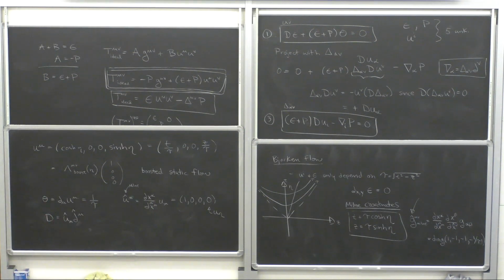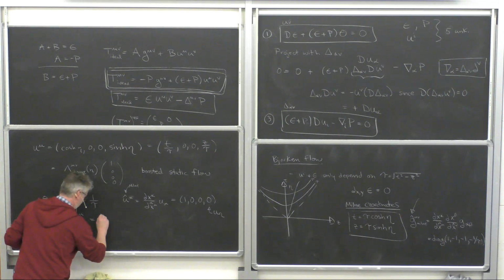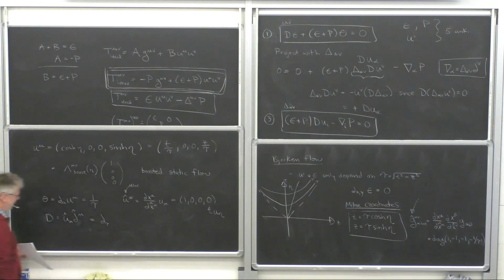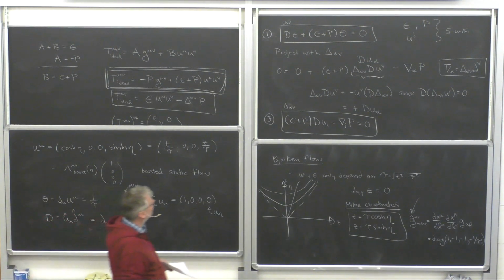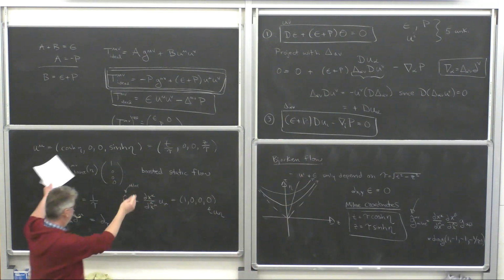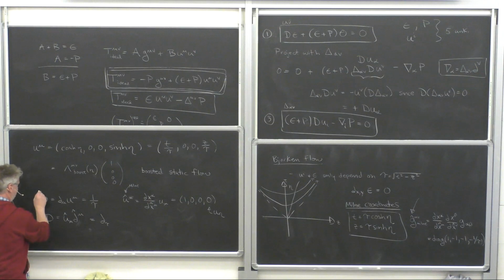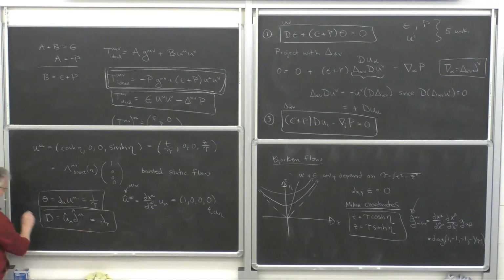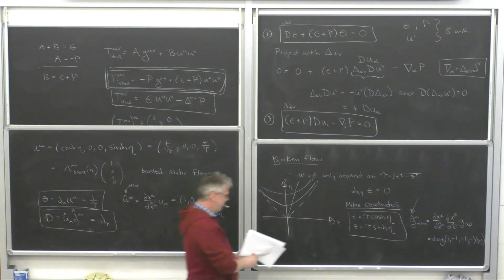Since u in that coordinate system is just 1, 0, 0, 0, this becomes a derivative with respect to proper time. Now we can plug in everything we've just learned, namely that theta is 1 over tau and D reduces to a proper time derivative, into these two equations up there.